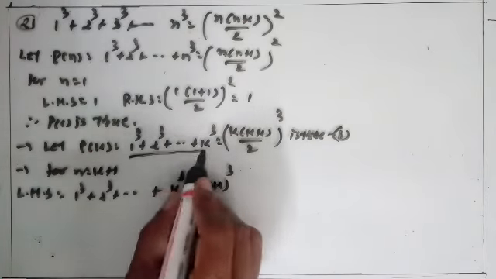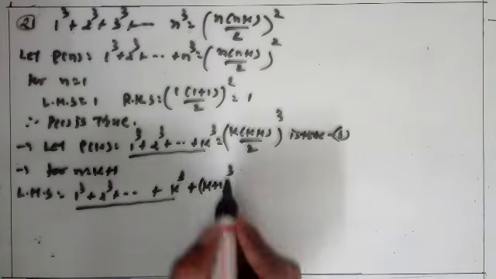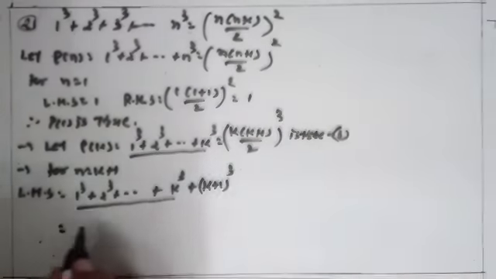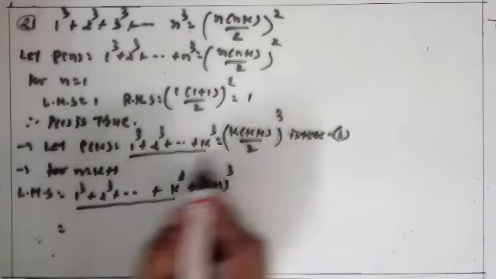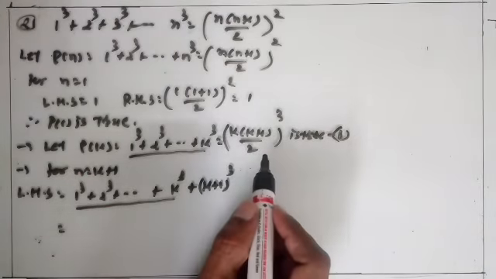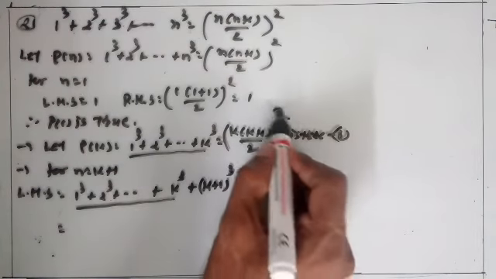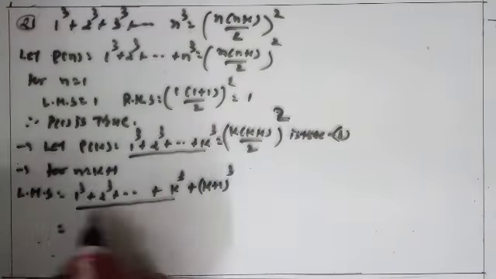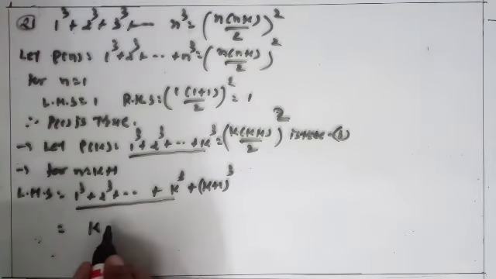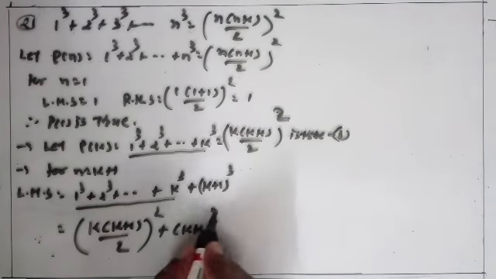That is, we write all terms and for the last term we replace n by k plus 1. Clear? So now by result 1, 1 cube plus 2 cube plus up to k cube is equal to k into k plus 1 upon 2 raised to 2. So in place of these terms write k into k plus 1 upon 2 raised to 2 plus k plus 1 raised to 3. Clear this?